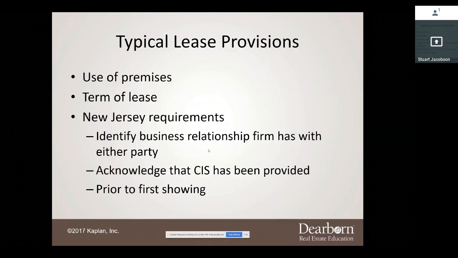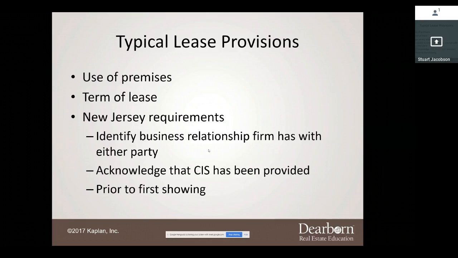Now, a typical lease will give you use of the property for however long the term of the lease is. One thing you also have to know is that anybody who's working with you in a rental capacity still needs to be given the consumer information statement, which outlines the ways in which we can work with a client in the state of New Jersey and the ways in which we intend to work with a client in the state of New Jersey. That is an important piece of information that you still have to do. You still have to identify the business relationship that you intend to have with either that potential tenant or that potential landlord.